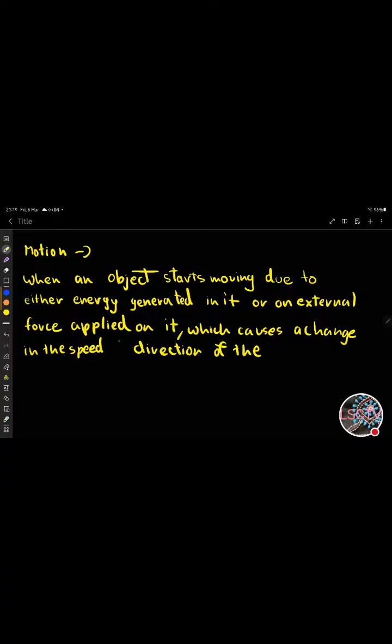It could be any change in the speed, or any change in direction, or both. So this is referred to as motion.